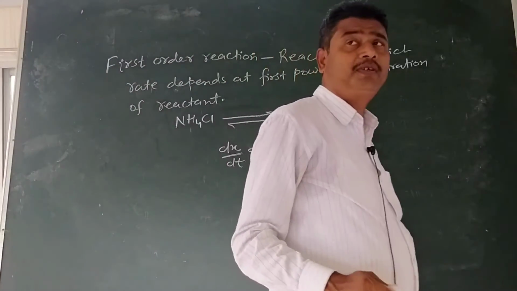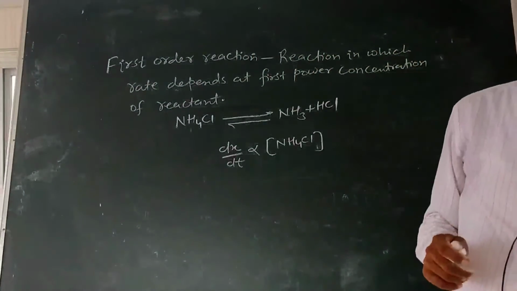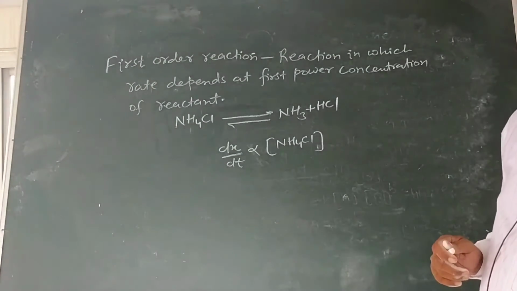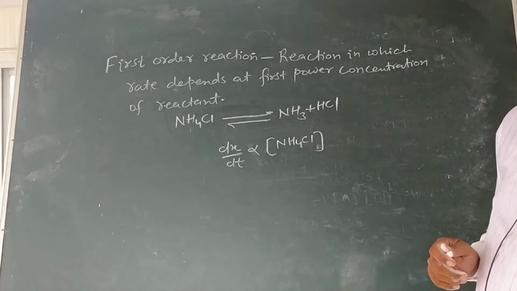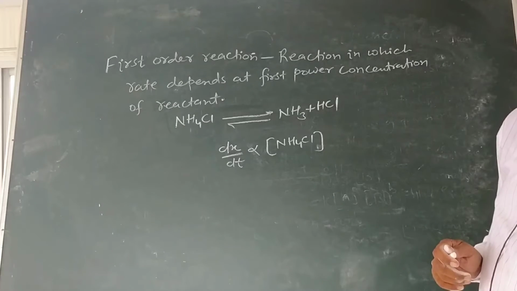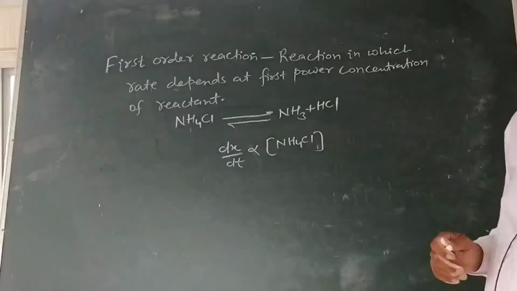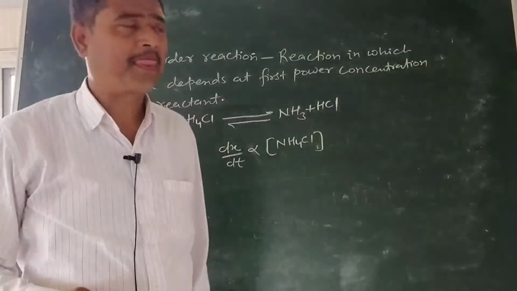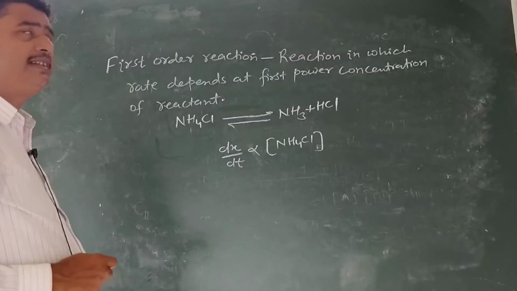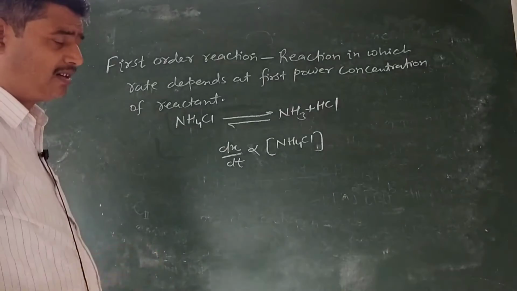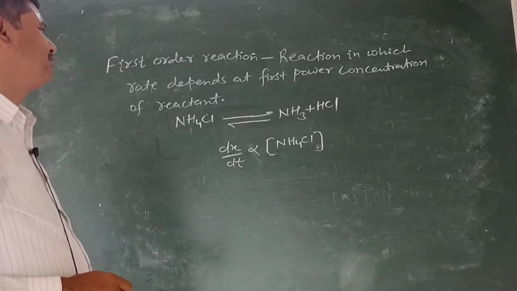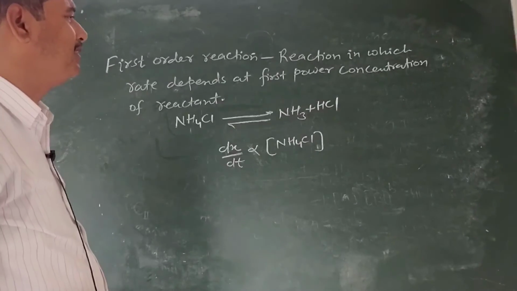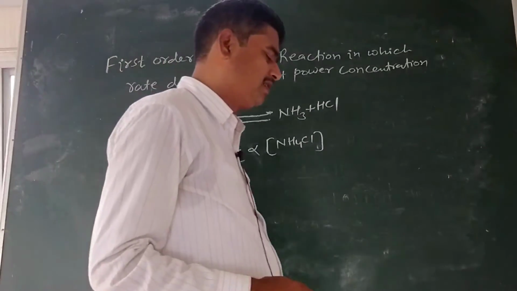The reaction which seems like a second order reaction but actually behaves as a first order reaction is called a pseudo first order reaction. Esterification or hydrolysis of ester belongs to this example of pseudo first order reaction.